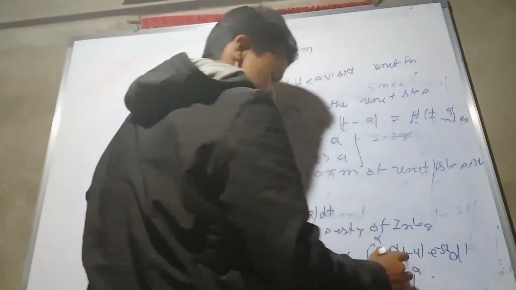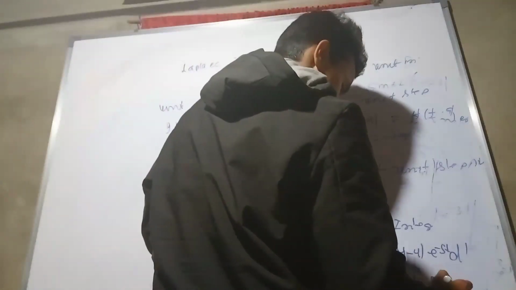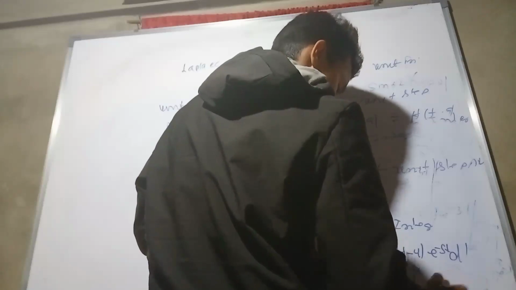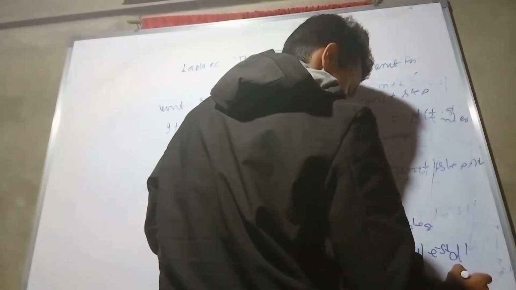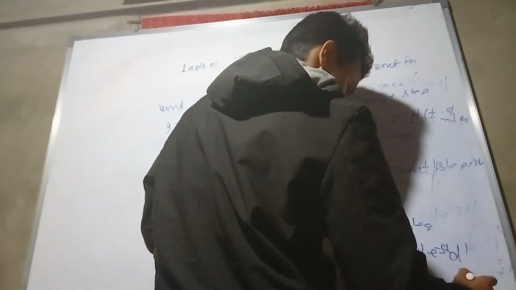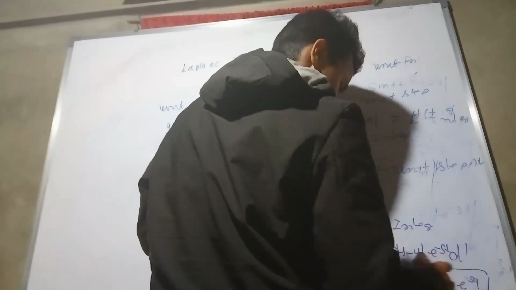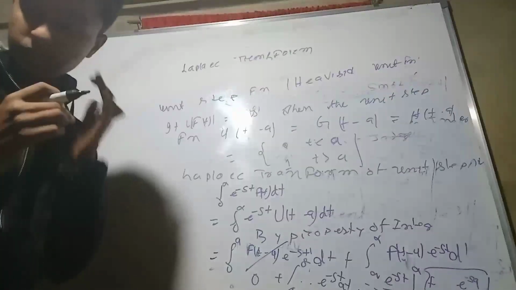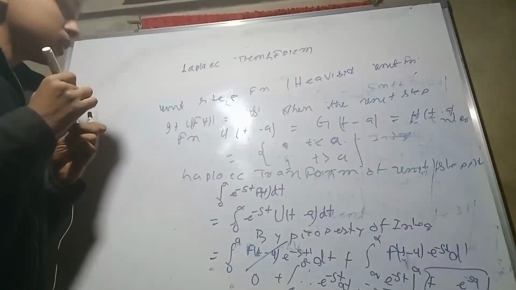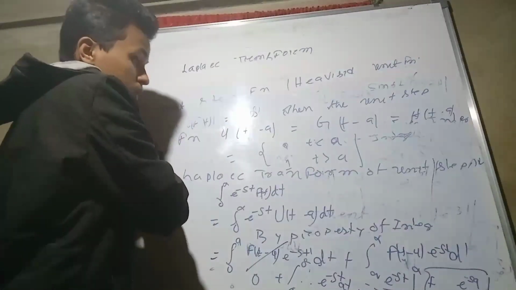When we put infinity, that gives us 0, so that will be e to the power minus s a upon s. So that is our Laplace transform. We have done the unit step function, and we have to move forward.